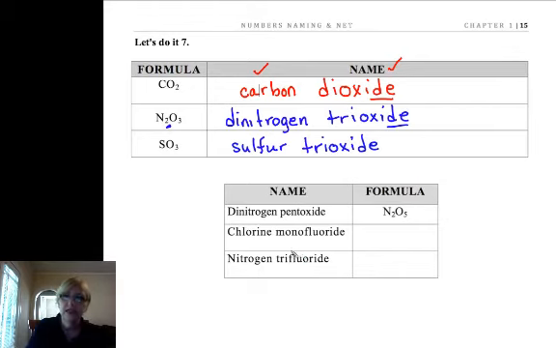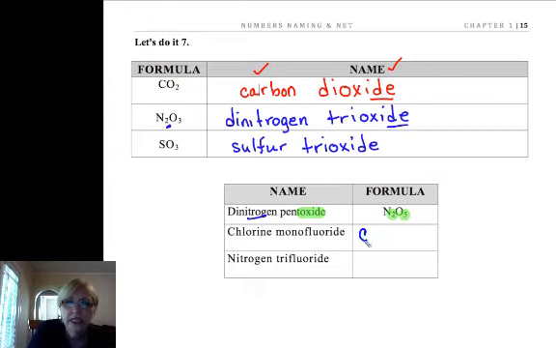Okay, so let's take a look here. Dinitrogen tells me I have two nitrogens. Pentoxide tells me I have 5 oxygens. There's no crisscrossing, no figuring out charge balance. That prefix tells you how many of the element that follows are present in the formula.